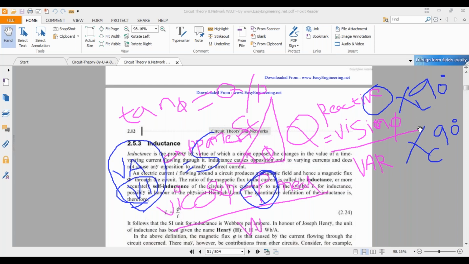Because of this reason, an inductance and capacitance cannot consume power. That is, they cannot dissipate power, because the power factor angle in inductance and capacitance is equal to 90 degrees, so cos 90 becomes 0.